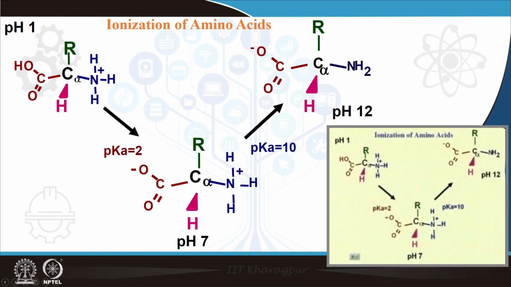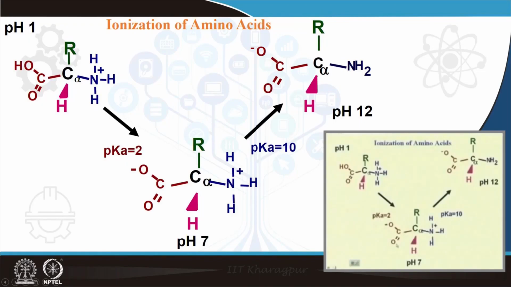It's the carboxylic acid one. So at a pH of 7, I have lost this. So I am no longer C double bond OOH, I am now COO minus. But the amine group does not lose its proton at this pH, right?